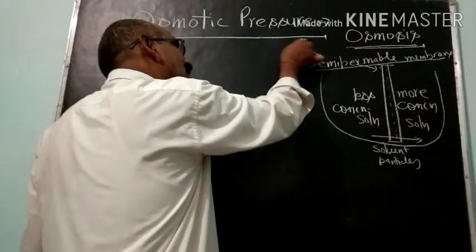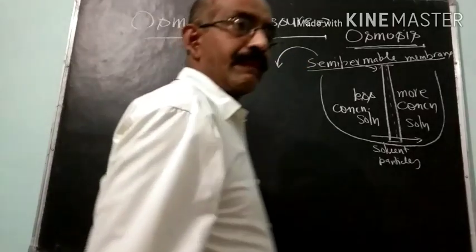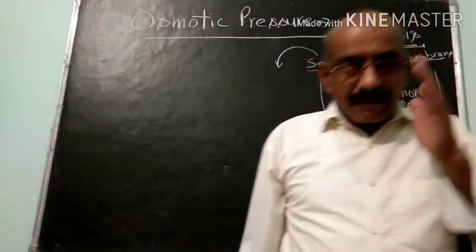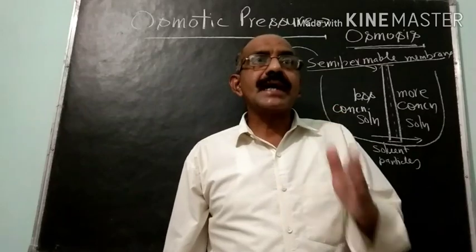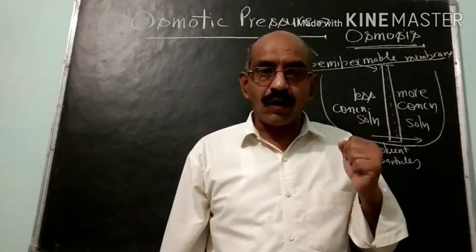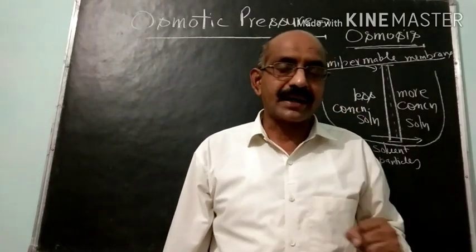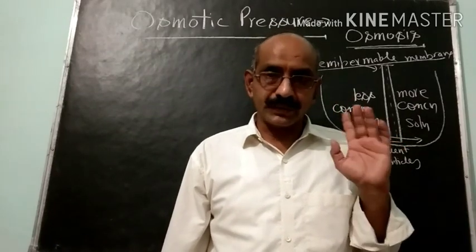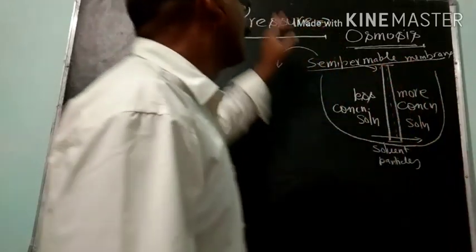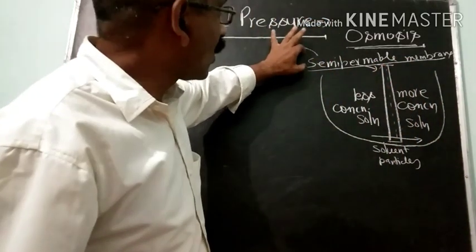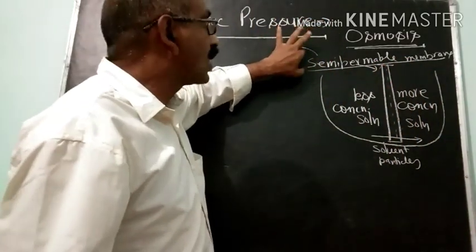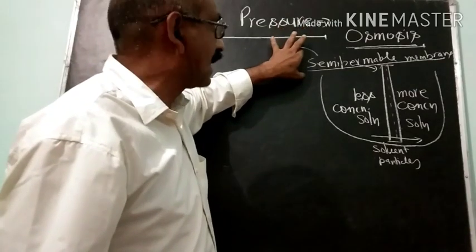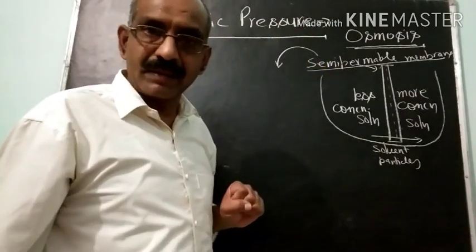Now, what is a semi-permeable membrane? The membrane which allows the passage of only solvent particles through it, and does not allow the solute. So that membrane which allows only the passage of solvent particles through itself is a semi-permeable membrane.